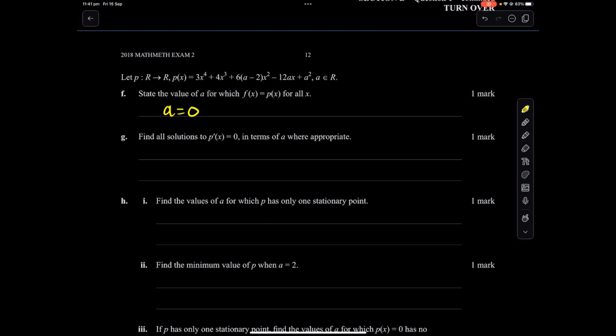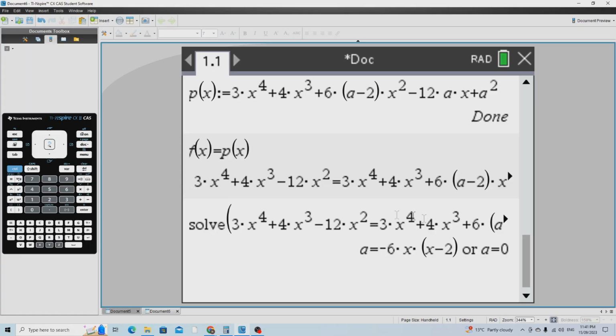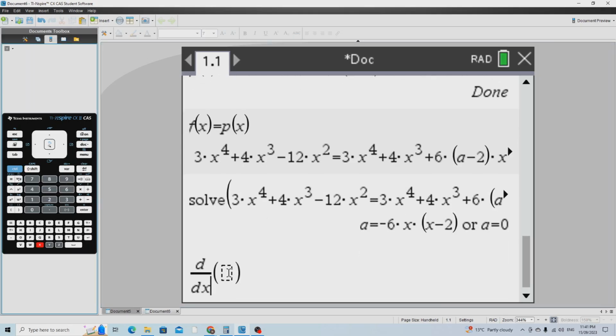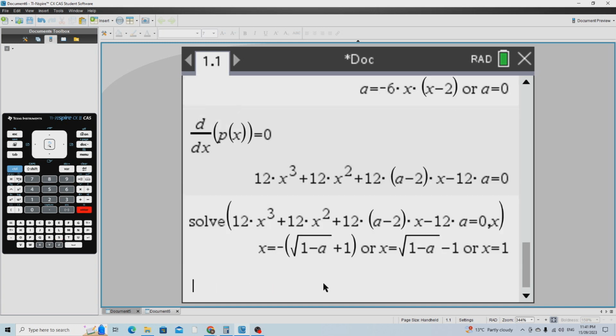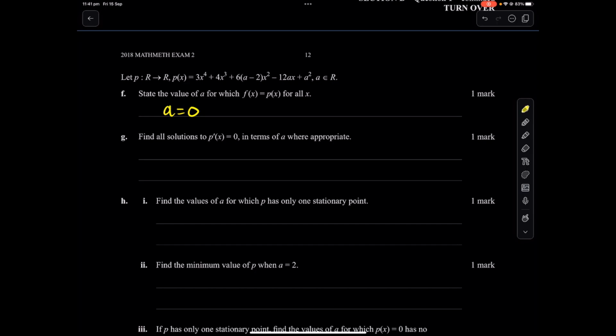Find all solutions to p dash of x equals 0 in terms of a where appropriate. Okay, p dash of x, so the derivative of p of x equals 0. We want to solve for x. And here we go. So find all solutions to this.